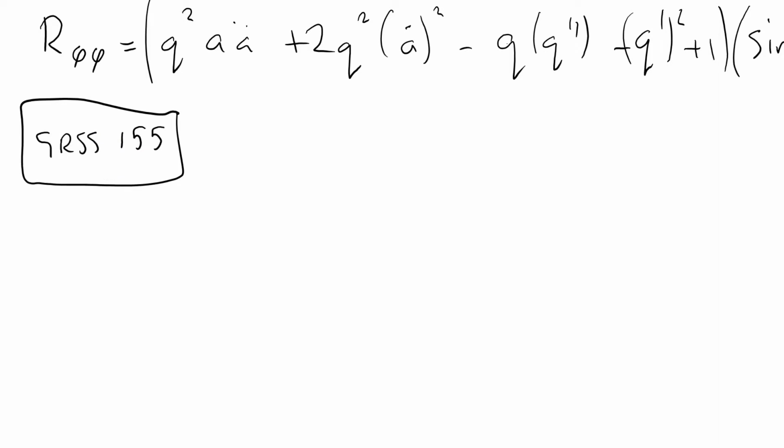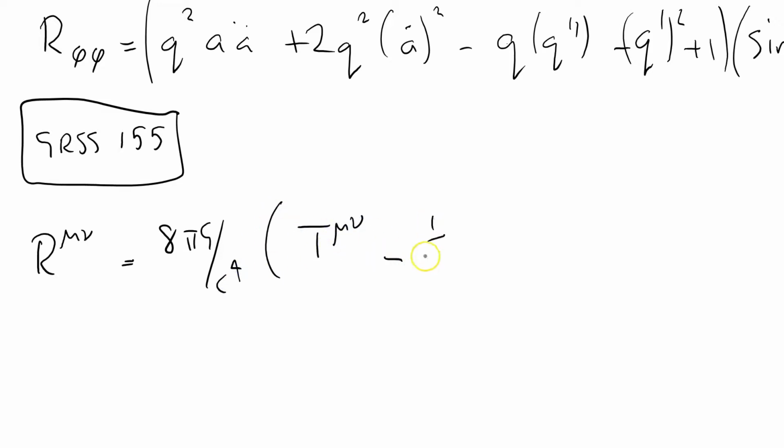We had that the Ricci tensor R mu nu was equal to 8 pi G over c to the power 4 times T mu nu minus a half g upstairs mu nu times the stress energy scalar, plus the cosmological constant times g mu nu.